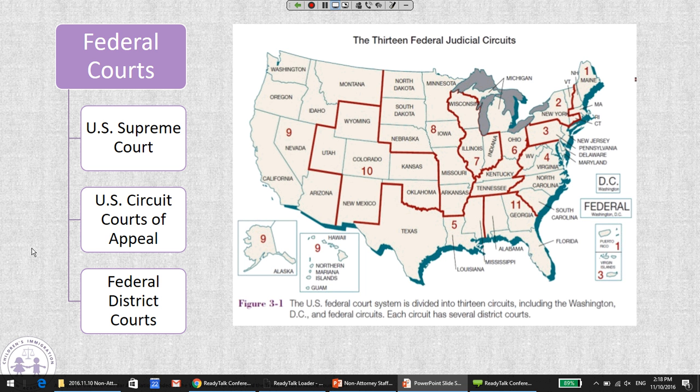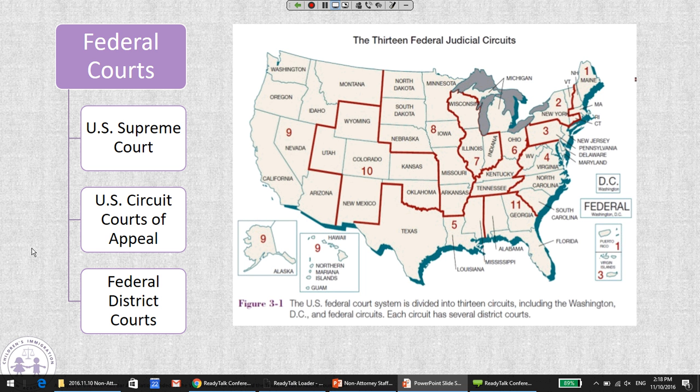So within the federal court system, you've got your circuit courts of appeal, right? And you see here that Texas is in the Fifth Circuit. The Fifth Circuit is generally considered one of the more conservative circuits in America as far as how they make their rulings. The Ninth Circuit is generally known to be a very liberal circuit and has much more favorable rulings for a lot of immigration cases.